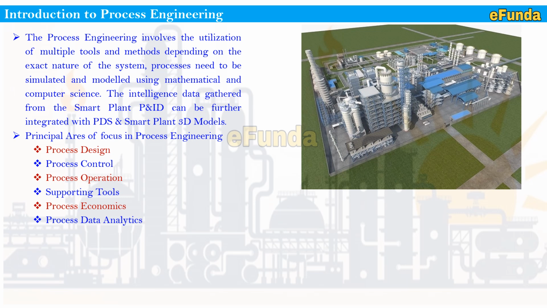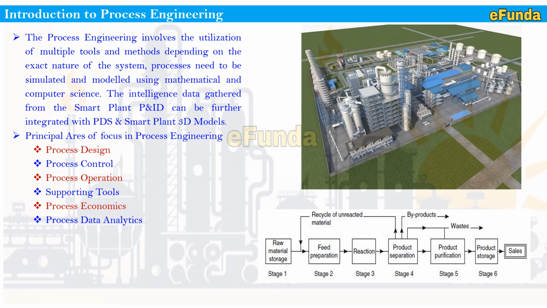Similarly, one can refer to another figure where the process cycle involves many stages, which could be: raw material storage, first phase; preparation of feed, second stage; reaction, third stage; product separation, fourth stage; product purification, fifth stage; product storage, sixth stage; and then the sales. This is the brief we have used for understanding the process engineering process.